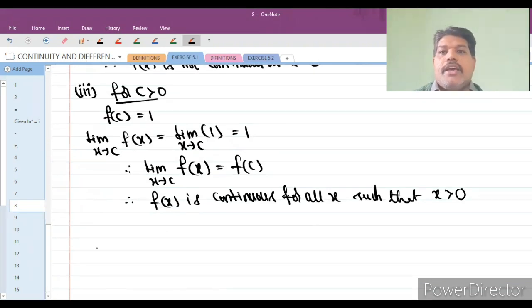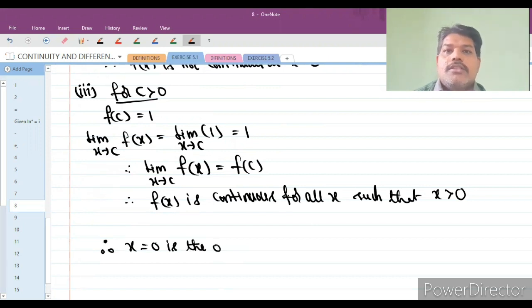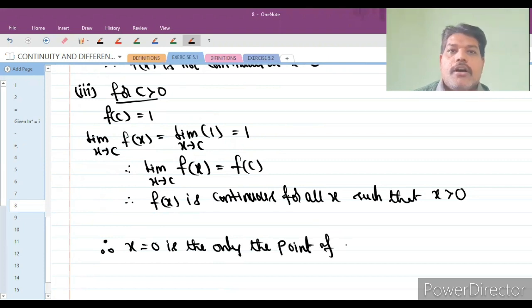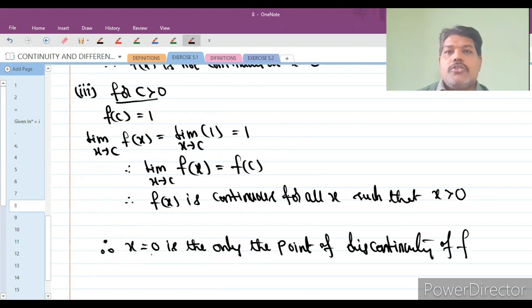So at the end, we can declare that x equal to 0 is the only point of discontinuity of f.